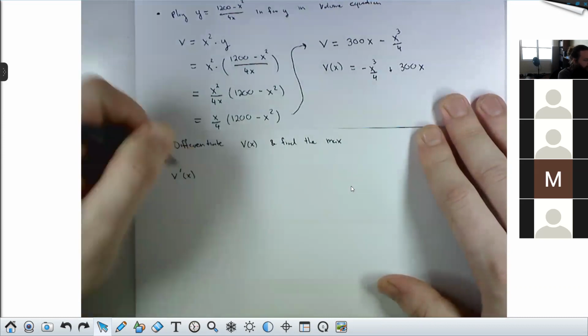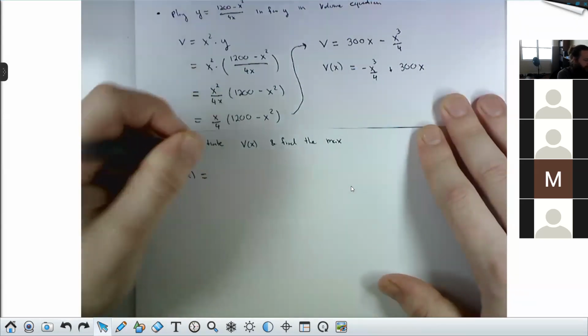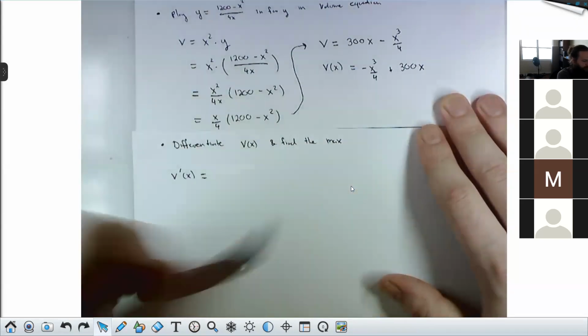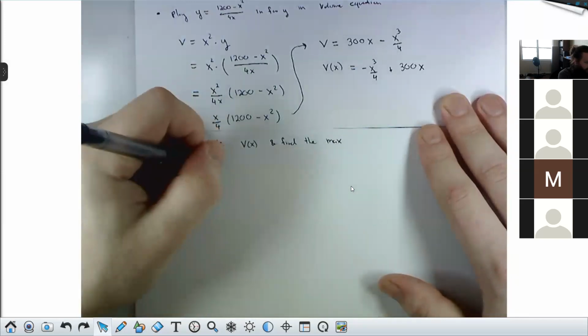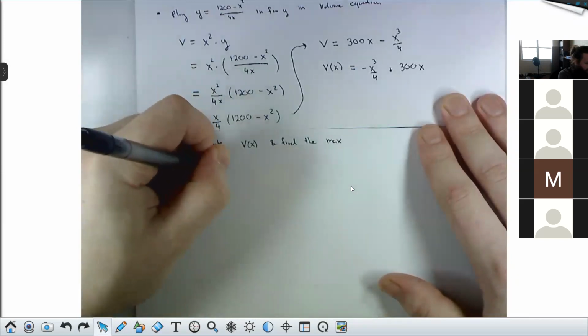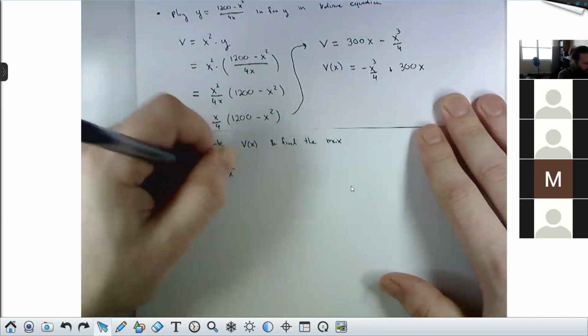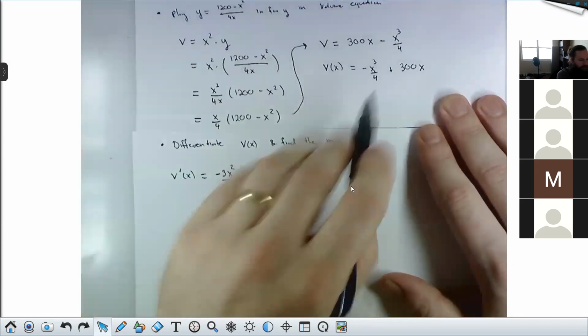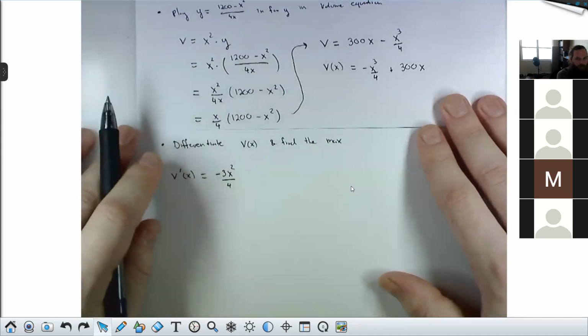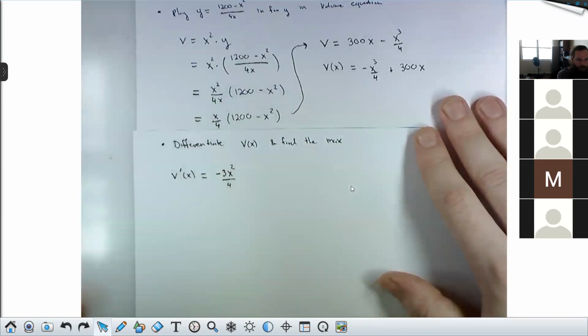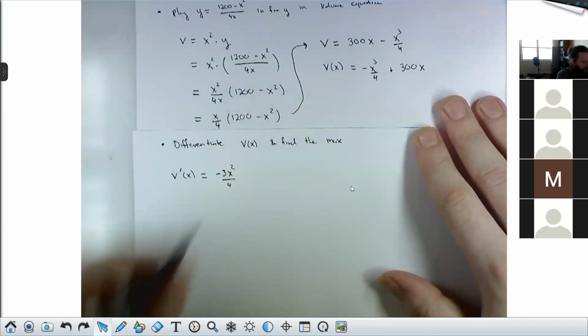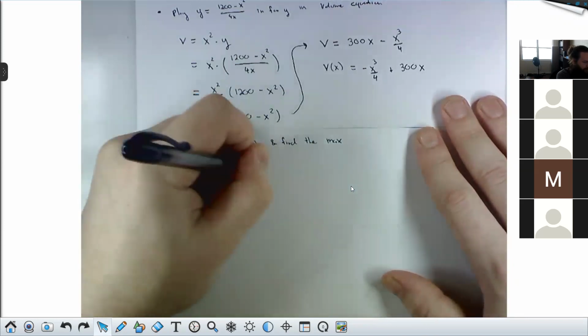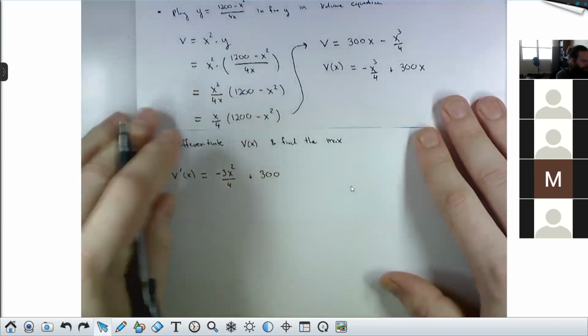V primed of x, the derivative, is the derivative of this thing. That's negative 3x squared over 4. Remember, this 4 is a constant, so we don't need to use any quotient rule there. Plus 300.